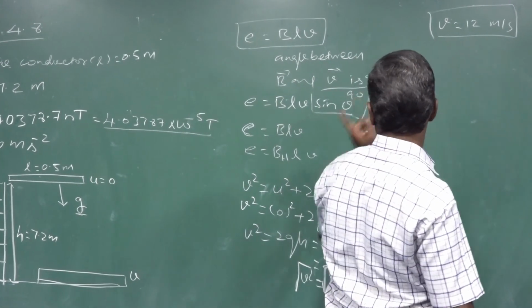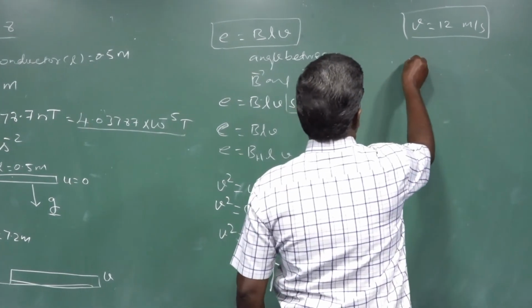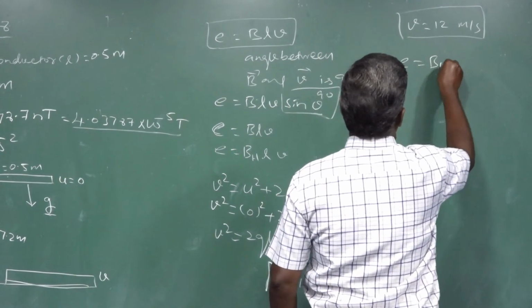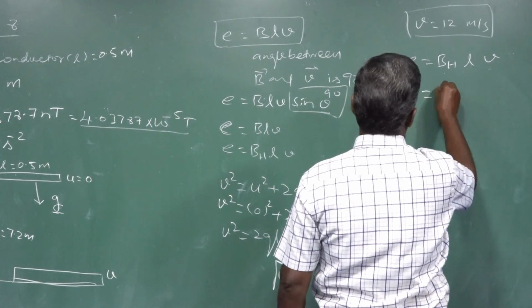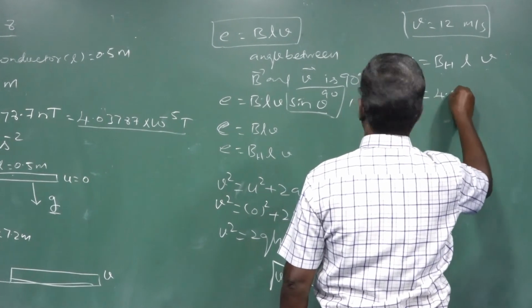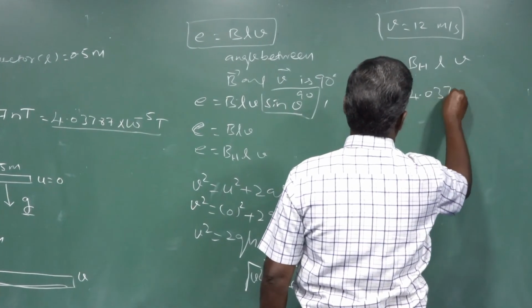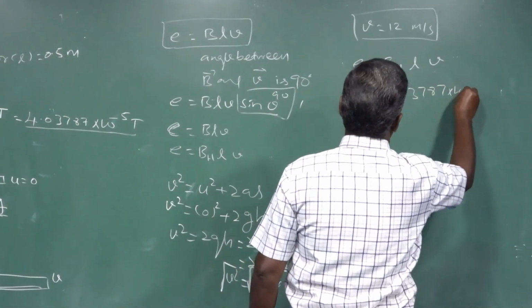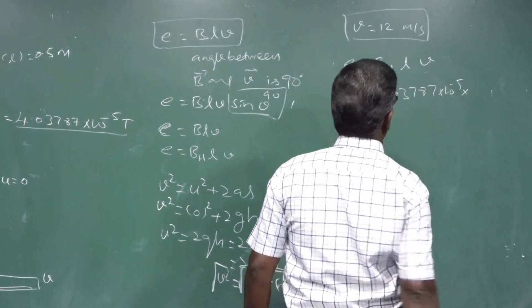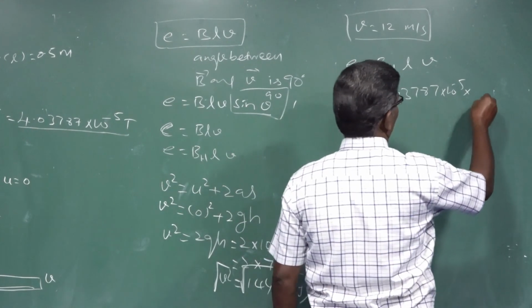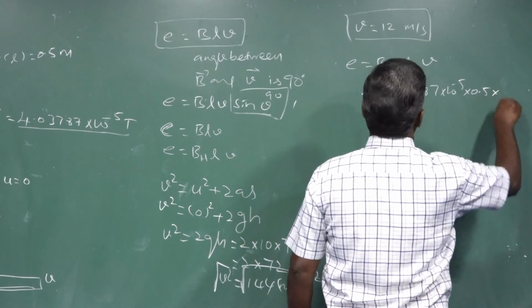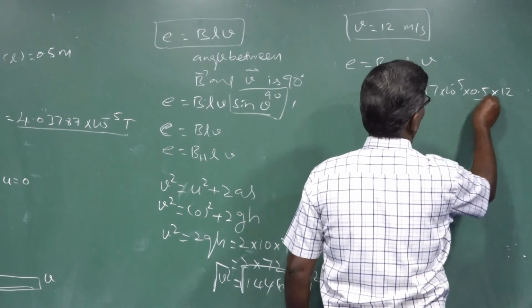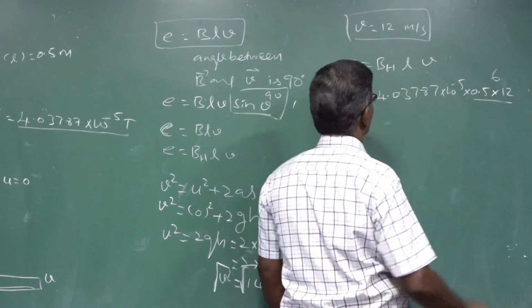This final velocity we substitute in our formula E is equal to BHLV. The BH value is given, 4.03787 into 10 to the power minus 5, and the length of the rod is 0.5 meter, and the velocity is 12. If you multiply 0.5 into 12, you will get 6.